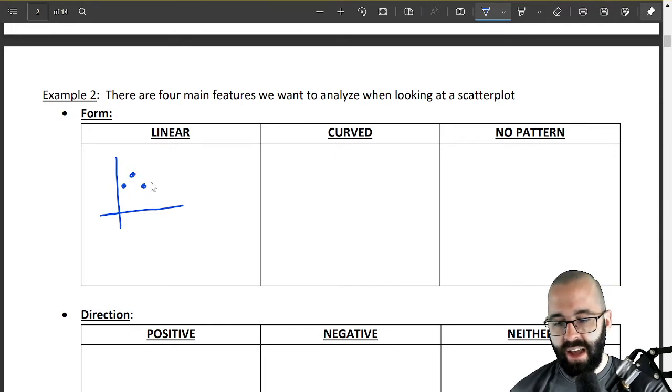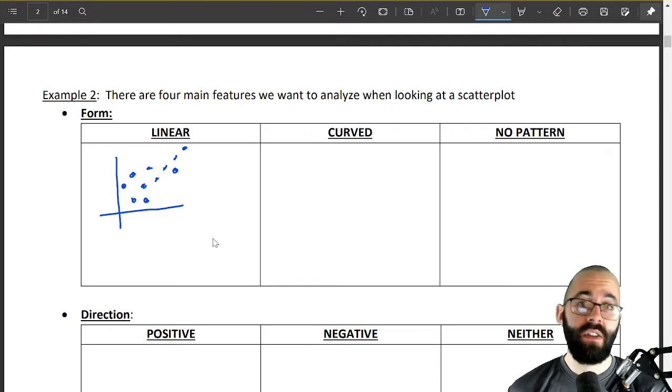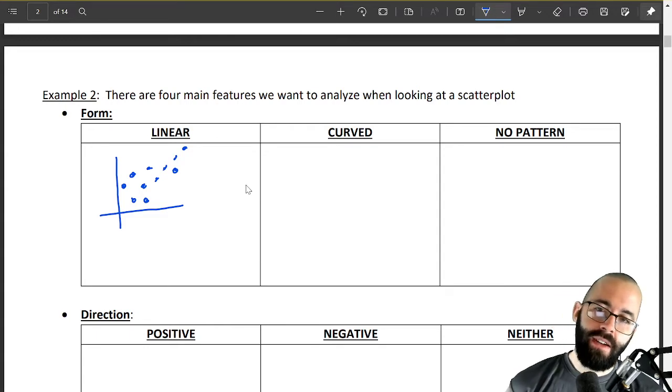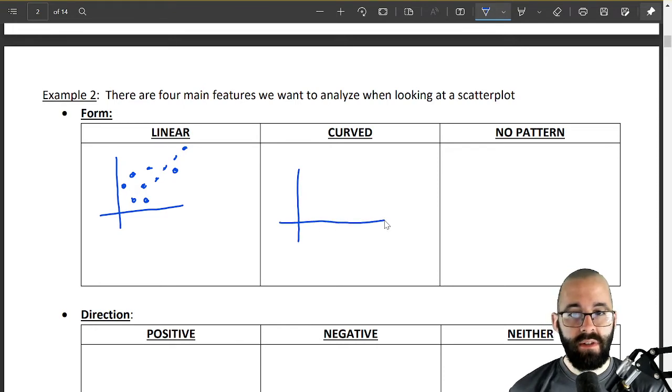But in general, we're going to mostly be looking at linear data. So maybe we have a scatter plot, and the data vaguely is progressing in a line. This would be an example of weak correlation. But on average, the numbers are bigger on the right than they are on the left. Or we could look at curved form.